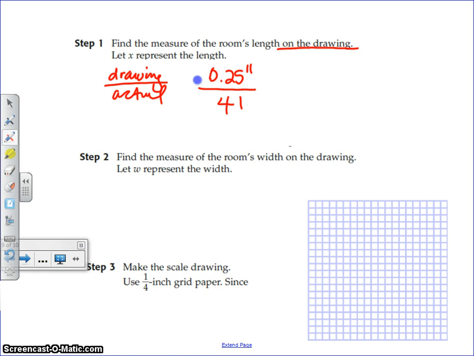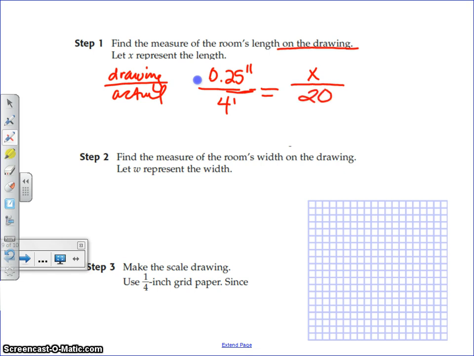The drawing over the actual, 4 feet. And we're going to compare that to the drawing, where we don't know how big the length of the room is. So that's going to be X. That's what we're trying to find out. And the actual length of the room, you'll remember, is 20 feet.